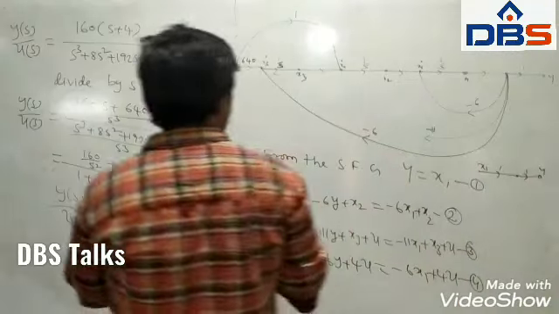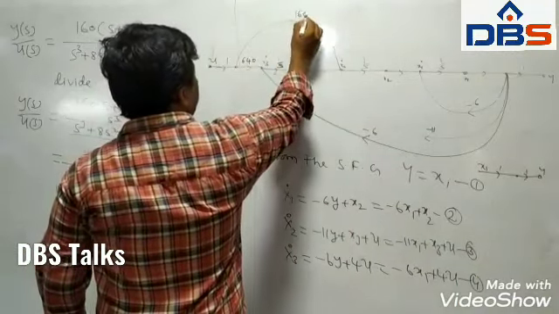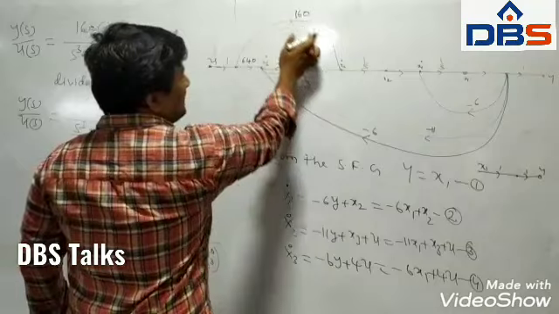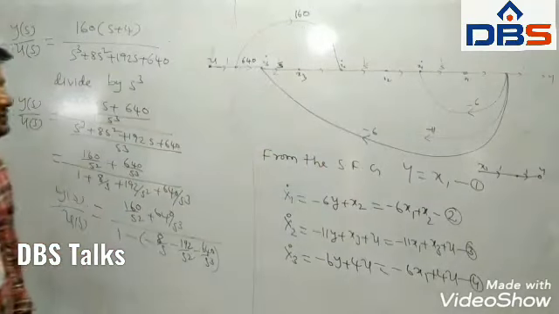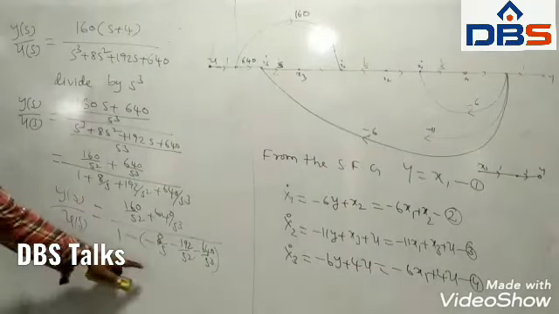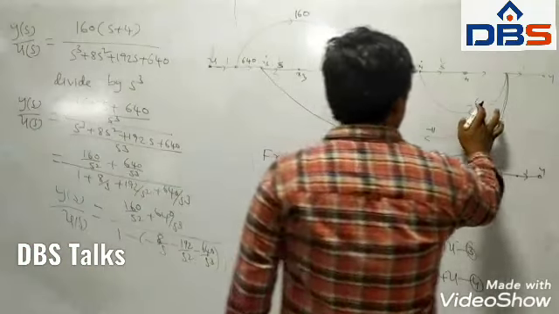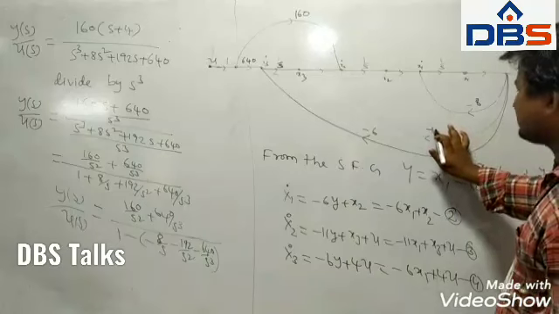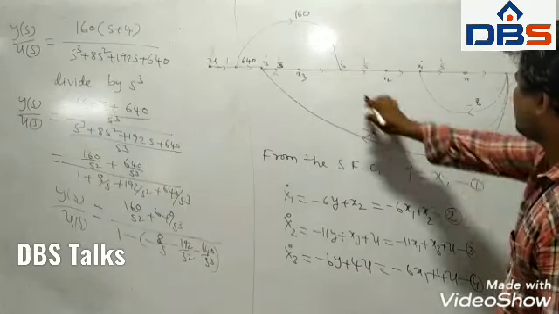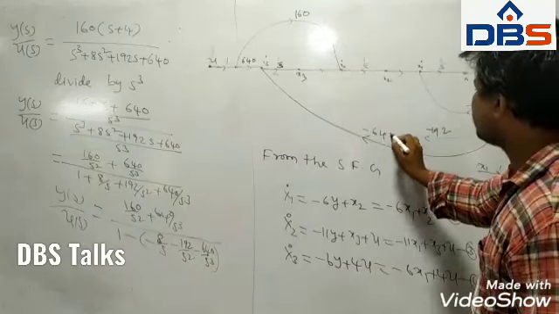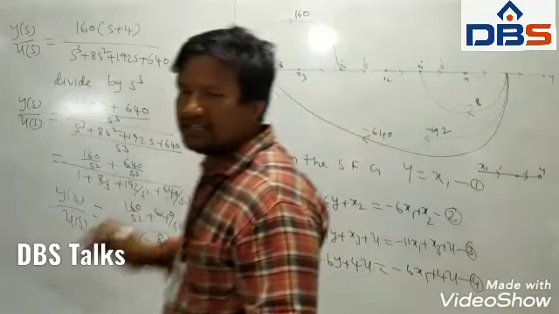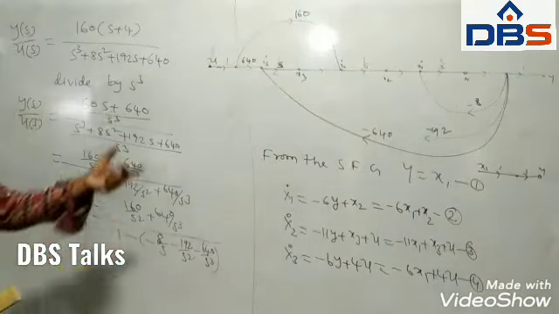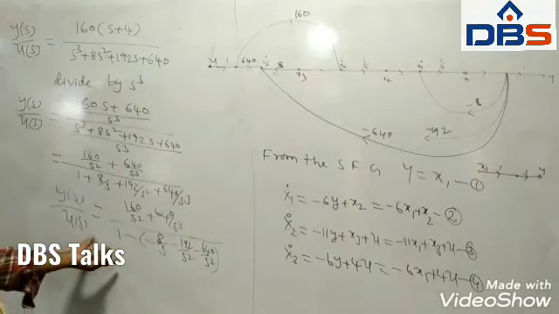Another one is 160 by s square. So two forward paths are available. Now coming to the loops, minus 8 by s, minus 192 by s square, and also minus 640 by s cube. Like that, you have to construct the signal flow graph from the given transfer function.